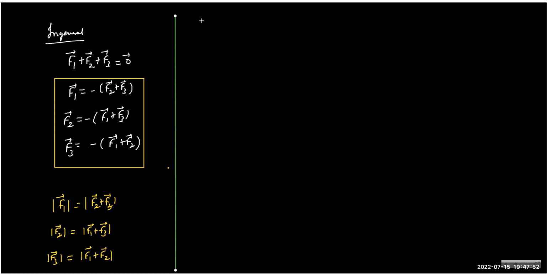So now comes the very interesting and very powerful concept in vector, and that is called the equilibrium of three equal forces in value in a plane. So we'll find that condition for equilibrium of three coplanar, of course they must be plane, coplanar.